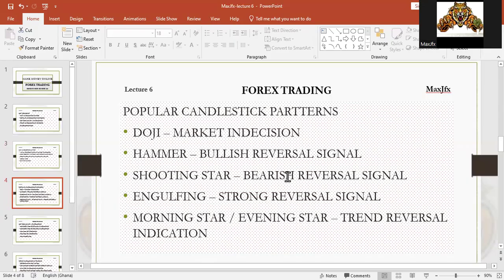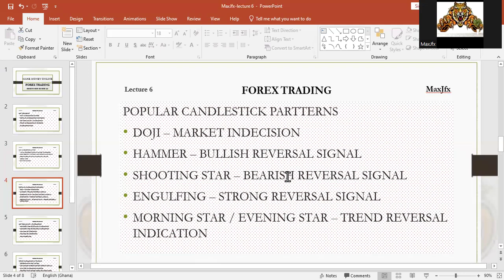We also have the morning star and evening star, which are trend reversal indications. Okay, so these are the candlestick patterns. In our next lecture 7, we are going to talk more about the doji and how it works in the market, so you get to understand this part very well. You can also do your research on the candlestick patterns and how they react in the market.